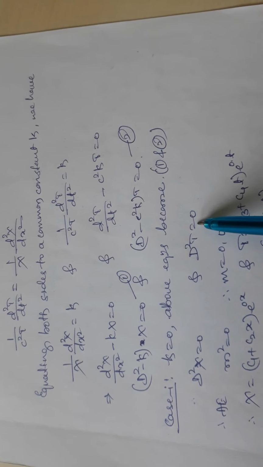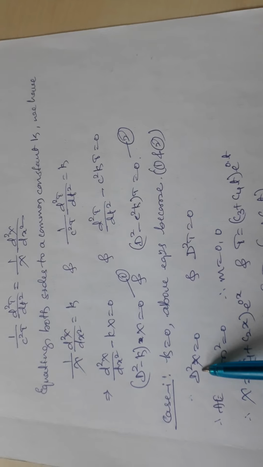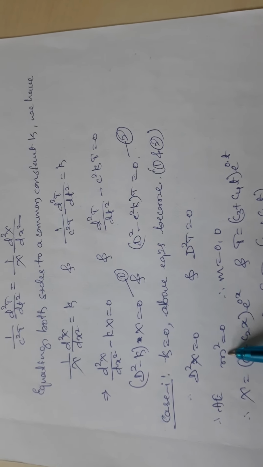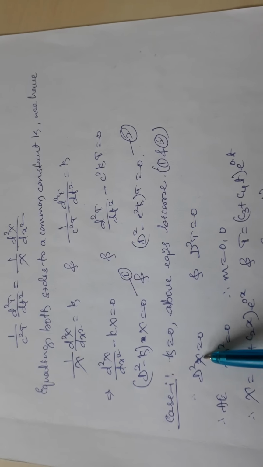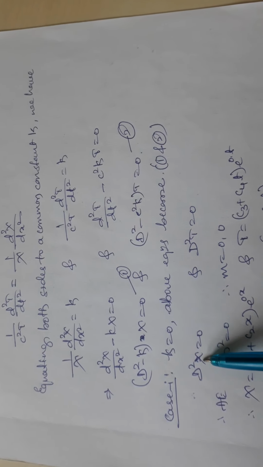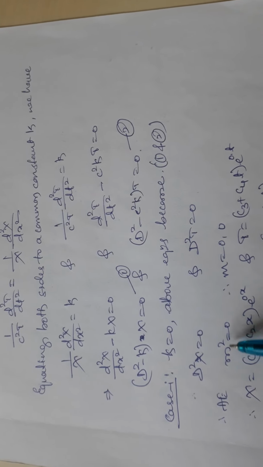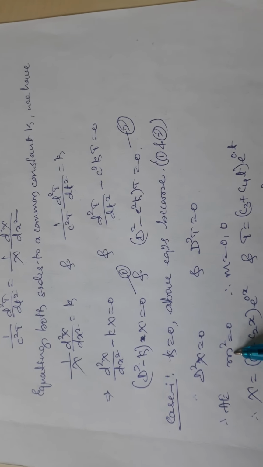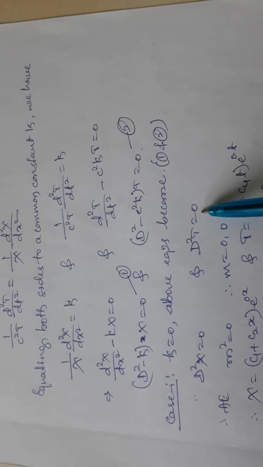This is a homogeneous differential equation, therefore replacing D by m, we get the auxiliary equation, leaving the functions X and T. We get m² = 0 from the first equation, and also m² = 0 from the second equation.